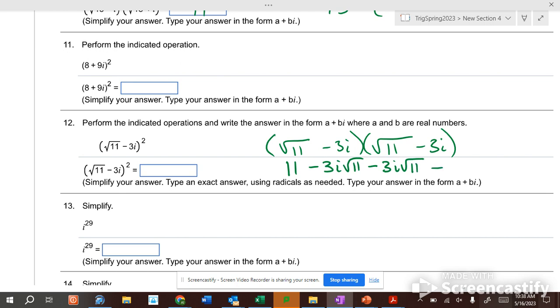Last times last, plus 9i squared. All right. So 11 is 11. Negative 3i square root of 11 minus 3i square root of 11 is negative 6i square root of 11. And then 9 times i squared. i squared is negative 1. 9 times negative 1 is minus 9. So it's 2 minus 6i square root of 11.